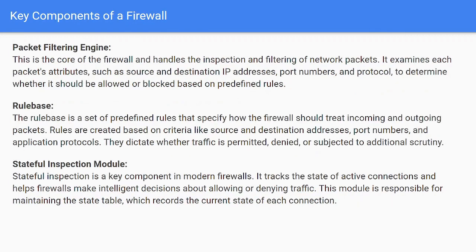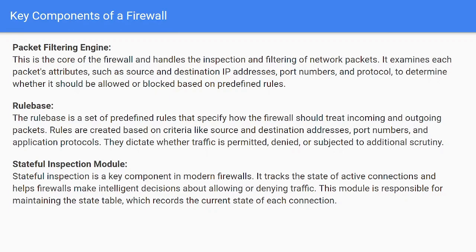So we are moving on to the key components of a firewall. One of the key components is the packet filtering engine. This is the core of the firewall and handles the inspection and filtering of network packets. What does it do? It handles inspection.